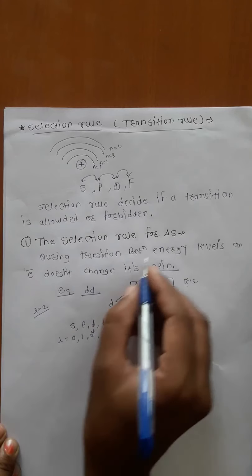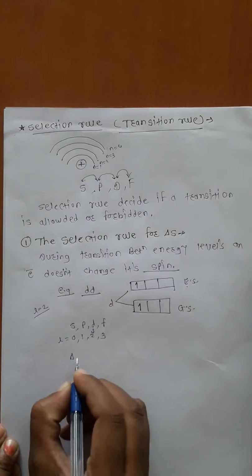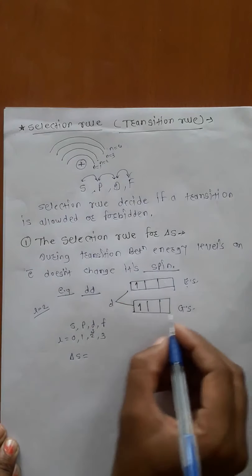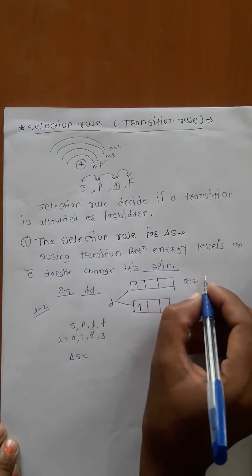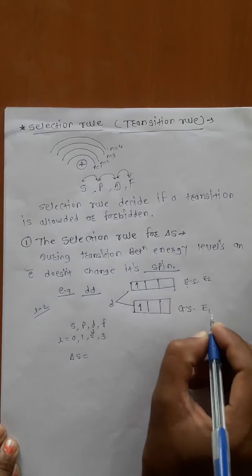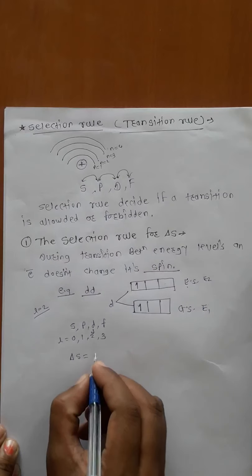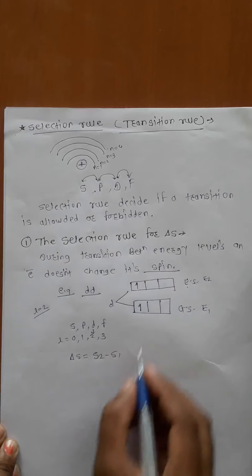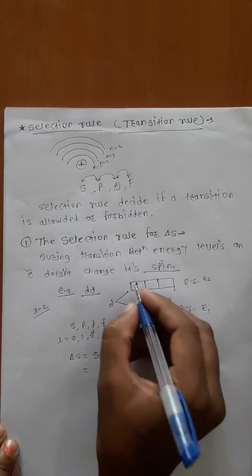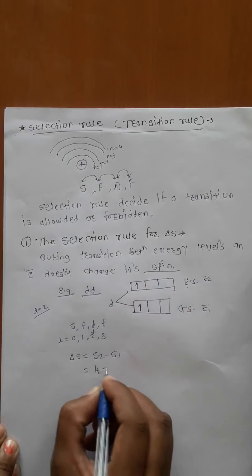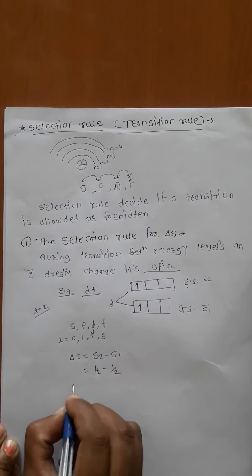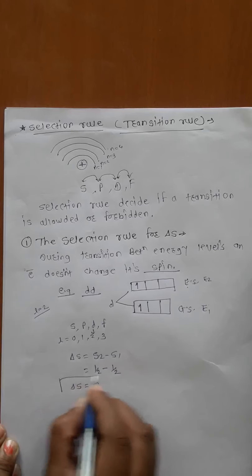Now we have to calculate delta S. How is it calculated? This one is the excited state E2 and this one is the ground state E1. Delta S is equal to S2 minus S1, so 1/2 minus 1/2, therefore delta S is equal to 0.